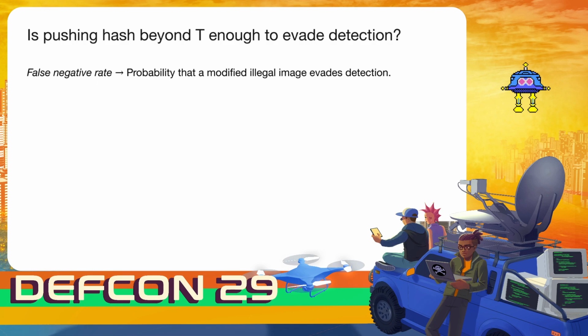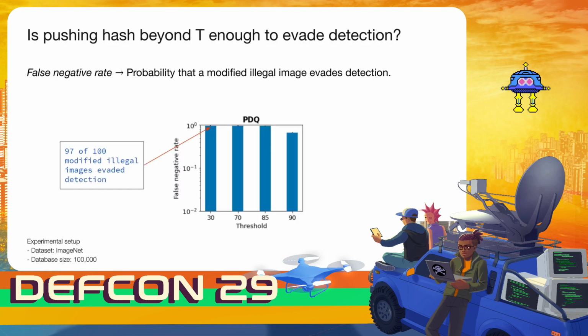Ideally, we want this to be 1. What we see indeed is that for a smaller threshold like 30, 97 of 100 modified illegal images evaded detection when we chose a database size of 100,000 images selected at random from the ImageNet dataset.